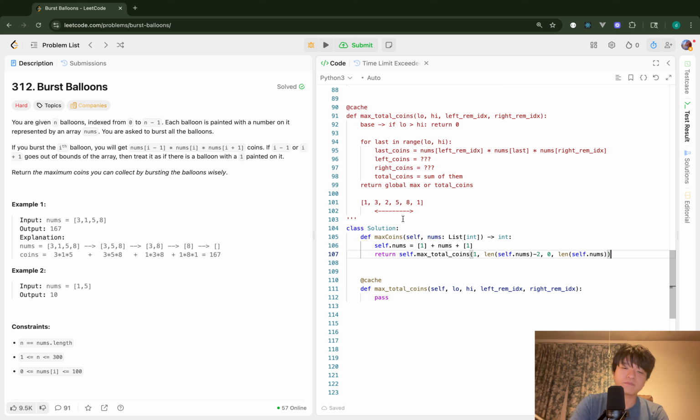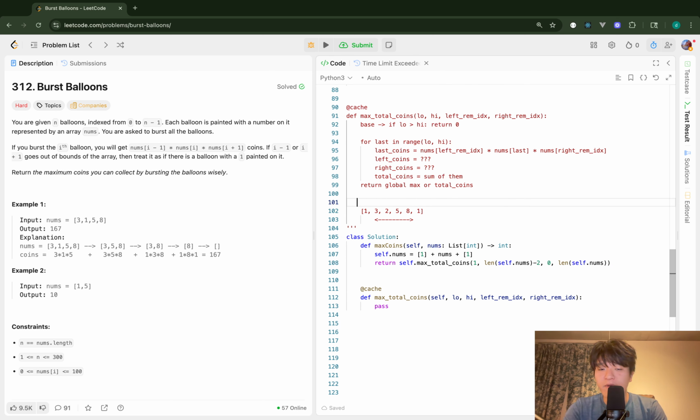Yep. So in this way, the left remaining index is here and the right remaining index is here. And the range to be specified is this range. Yeah, this totally makes sense.